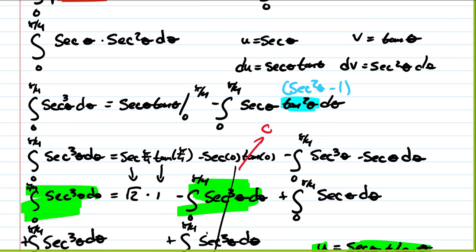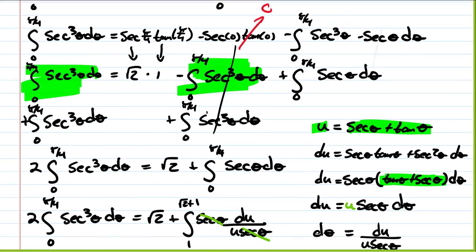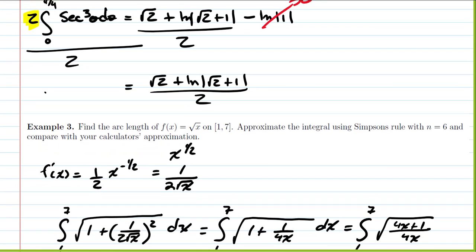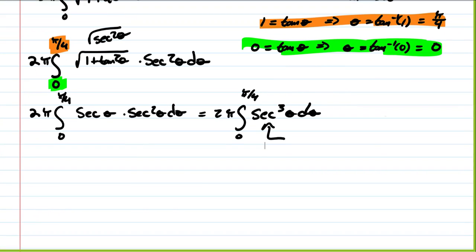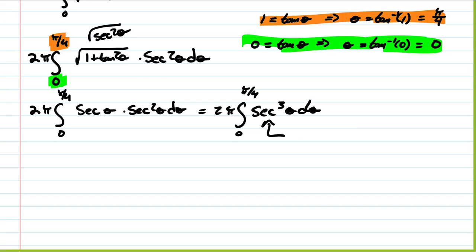The integral from 0 to pi over 4 of secant cubed theta d theta was equal to this, right? So we're just going to go ahead and take that as our solution and take note to ourselves that if we want the details, we can find them in 8.1. So see details.